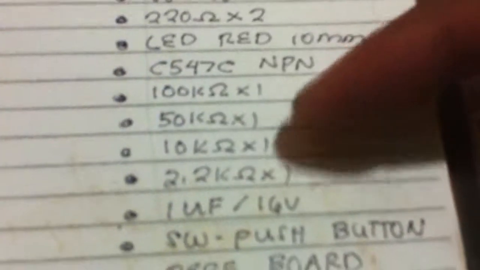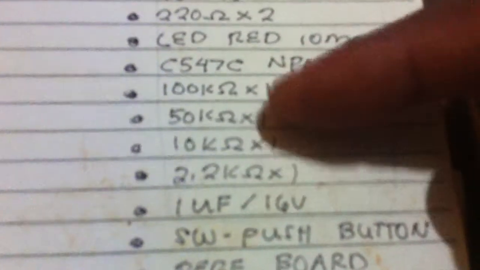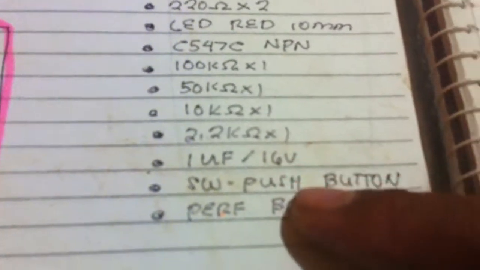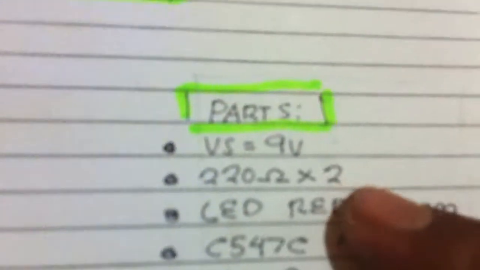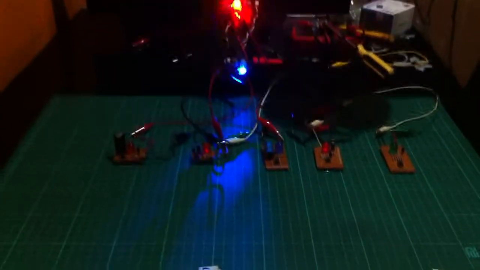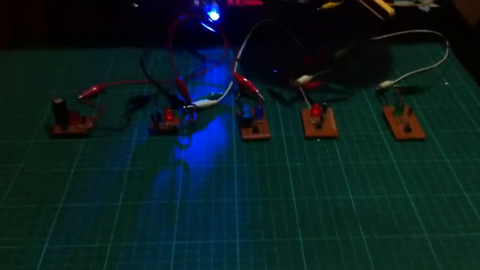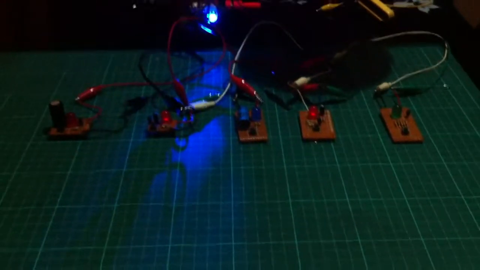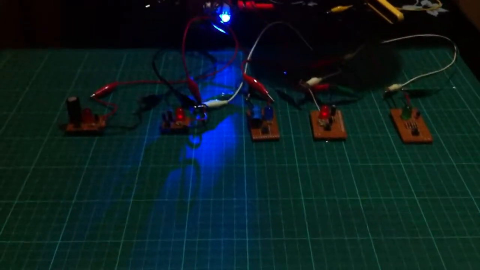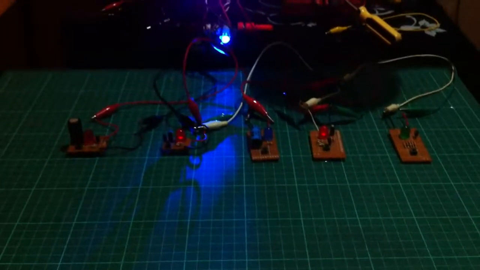I'm using 4 resistors: 162.2 kilo ohms, 1 microfarad, push button switch, breadboard, voltage supply, 220 ohms, LED red. And I think we discussed all the circuits here, and although there are some problems, still this is our circuit.